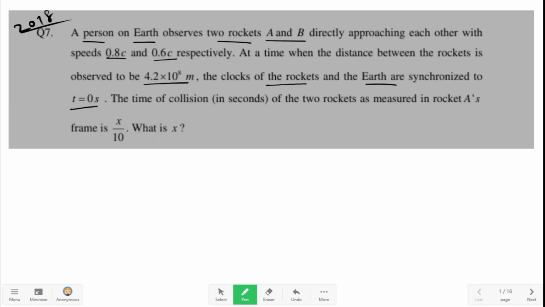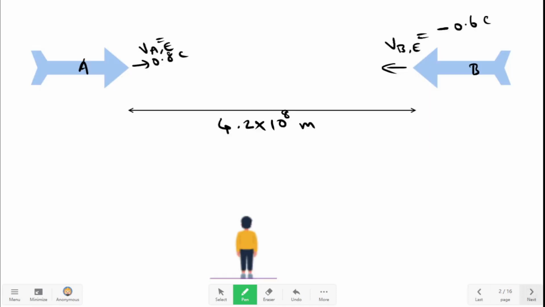Now what is the question? The question is the time of collision of the two rockets as measured in rocket A's frame is x by 10. What is x? So we have to find out the time of collision in rocket A's frame.